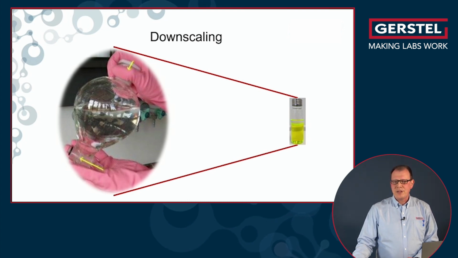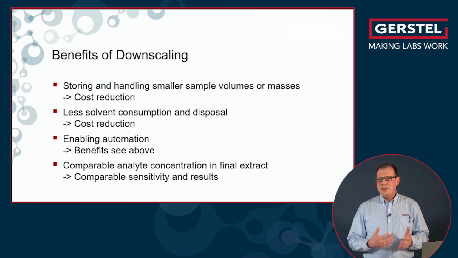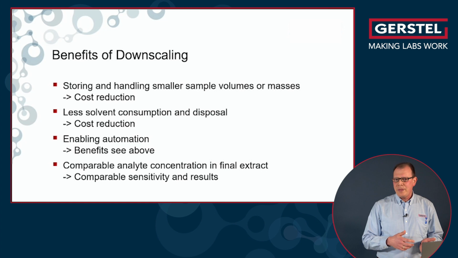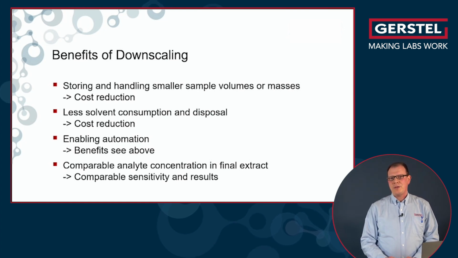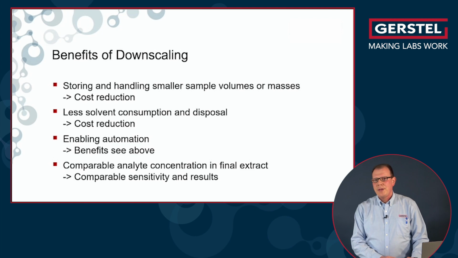Let me have some more words on downscaling. Besides the fact that we sometimes need to downscale, there are also a lot of benefits in downscaling. For example, we need less sample to store and to handle, and that may lead to cost reduction because you need to have fewer samples in the lab.